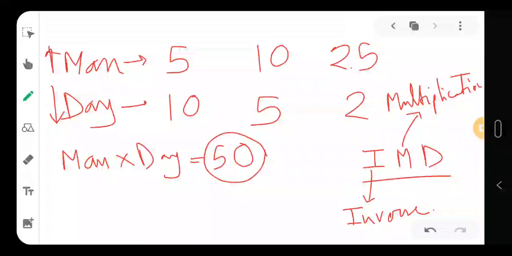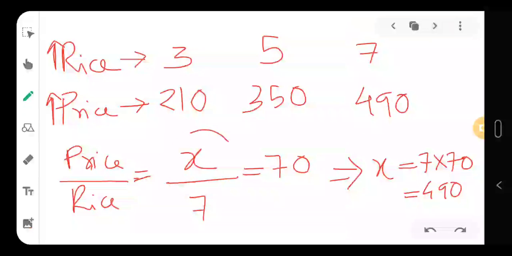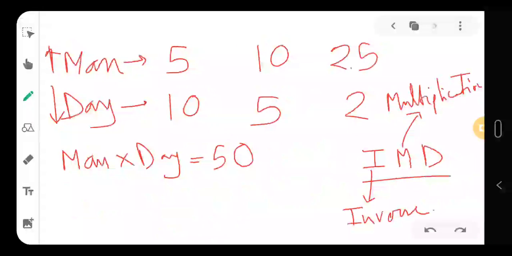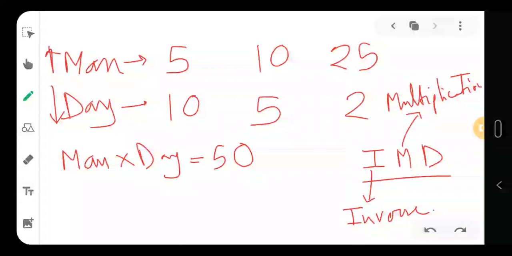So the multiplication is a constant in this case. In the last case you have seen that your ratio is a constant. So in this case you will see multiplication is a constant. This relationship is called inverse relationship.